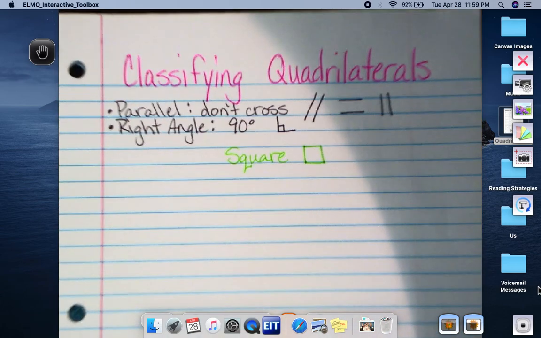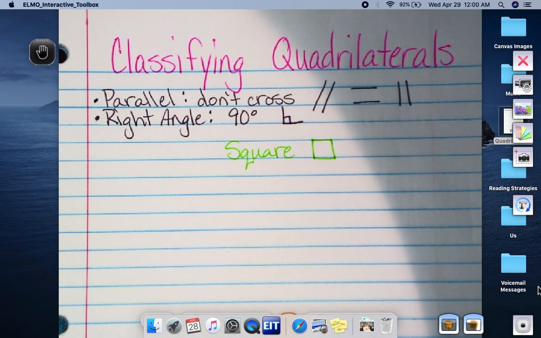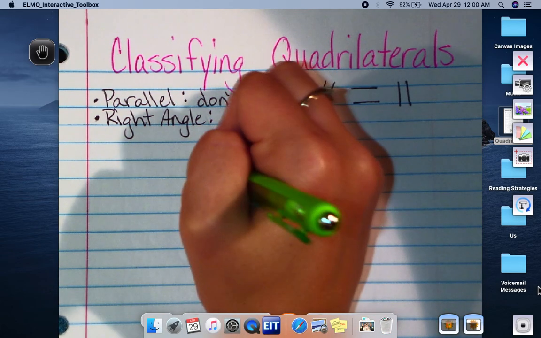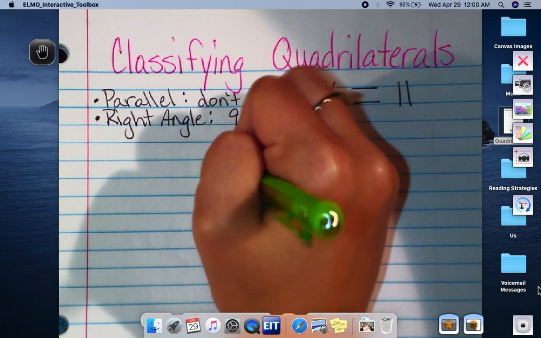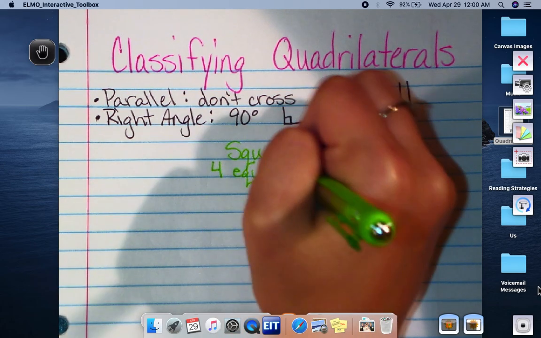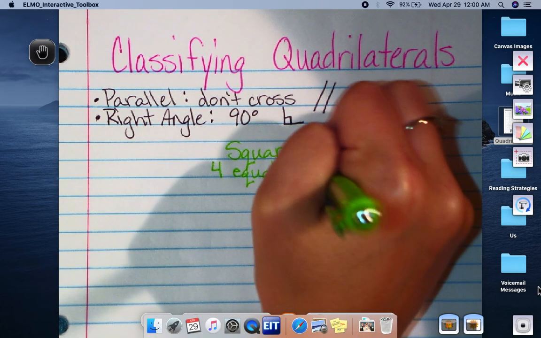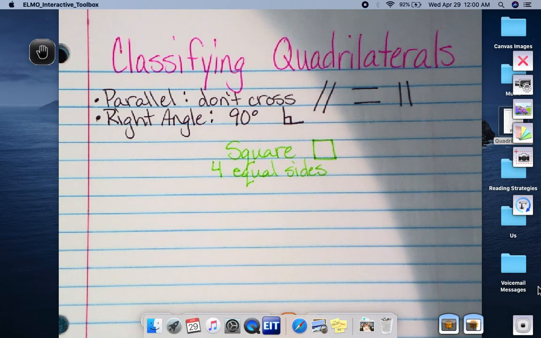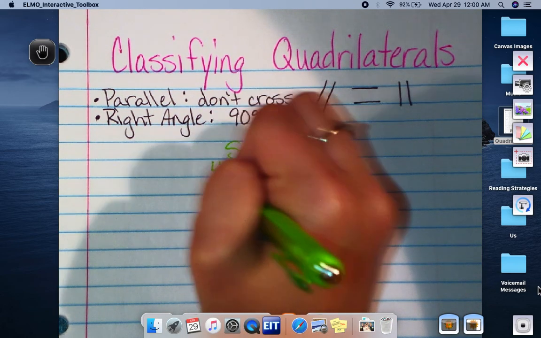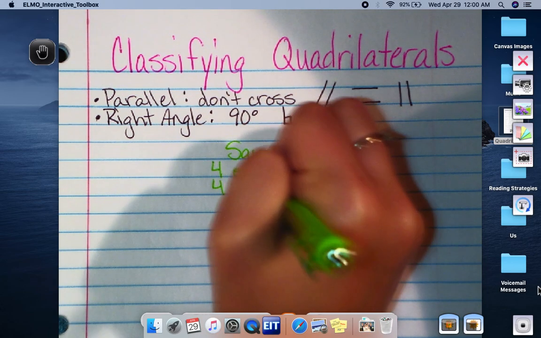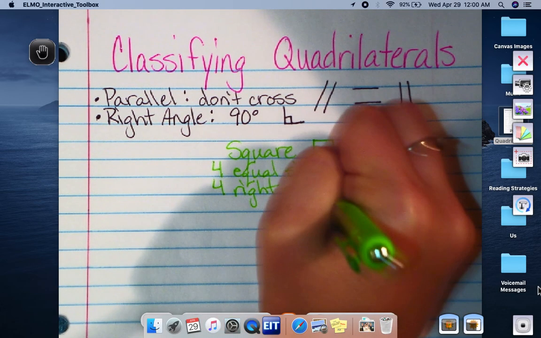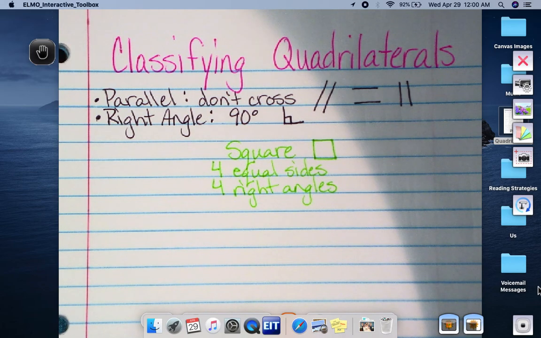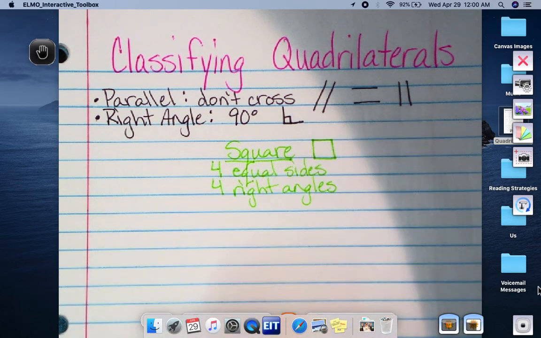Perfect square. Now a square, what makes it a square is that it has 4 equal sides. That's what makes it different from a rectangle. It has 4 equal sides, and it has 4 right angles. That's what a square is.